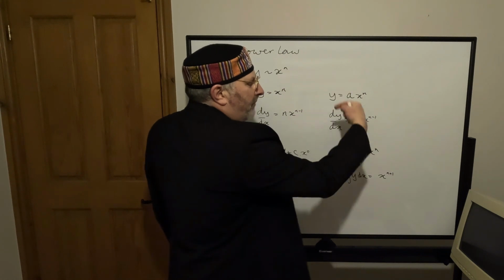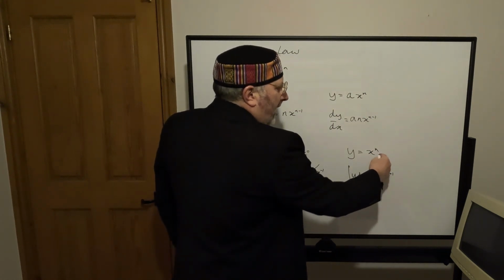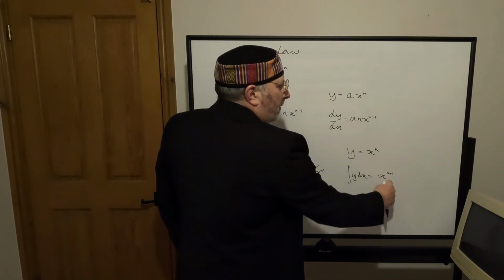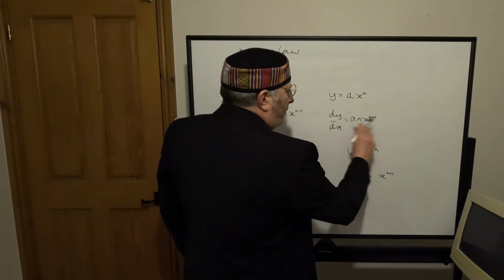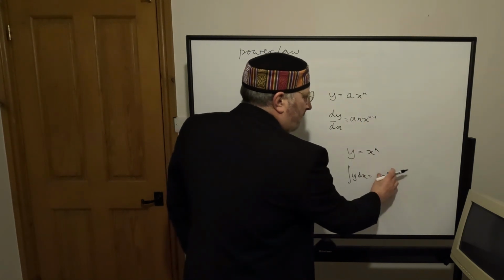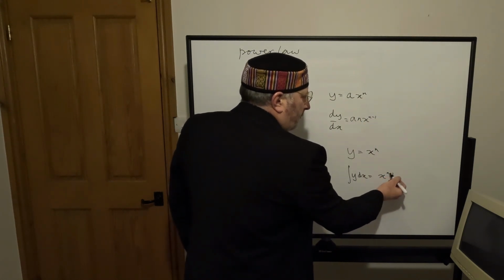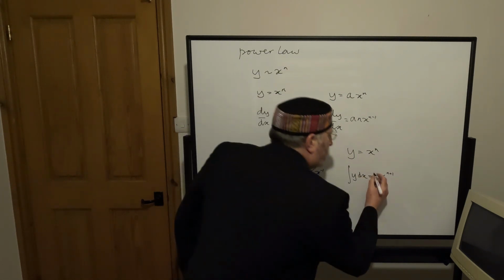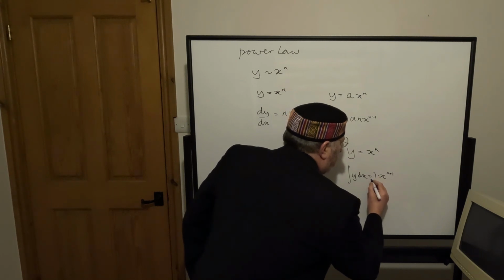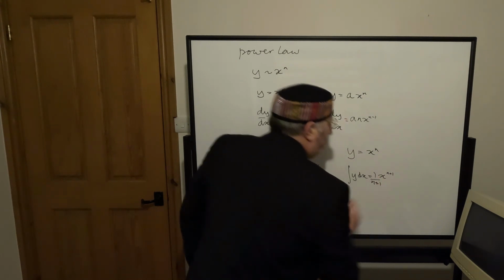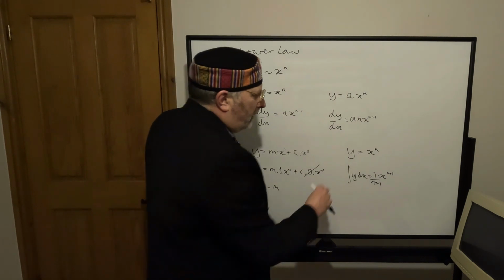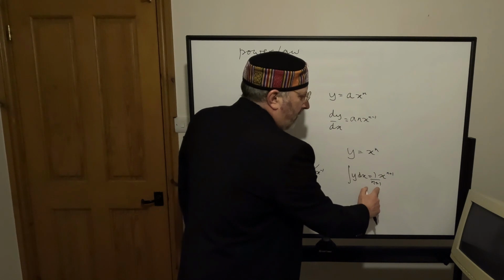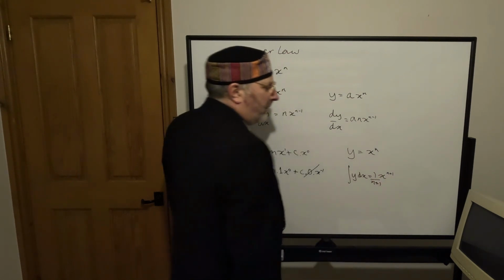So when we're going in reverse, from x to the n, if we integrate that, we'll get n plus 1. And we also would multiply by n. So if we differentiated this, we would get an n plus 1. But we haven't got an n plus 1 in front, so we need to divide by n plus 1. So if y equals x to the n, the integral of y dx equals 1 over n plus 1 times x to the power of n plus 1.